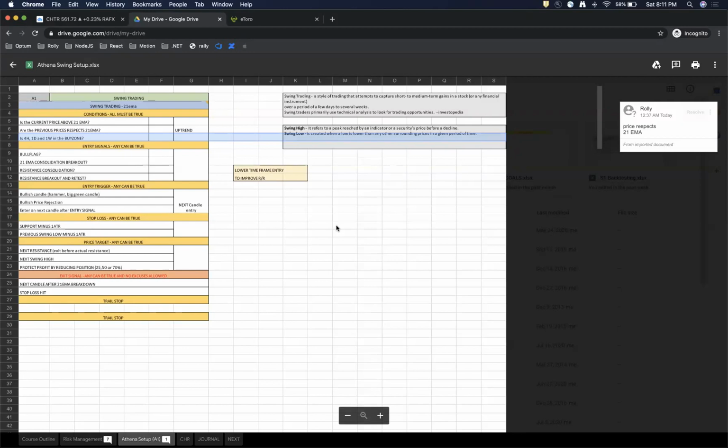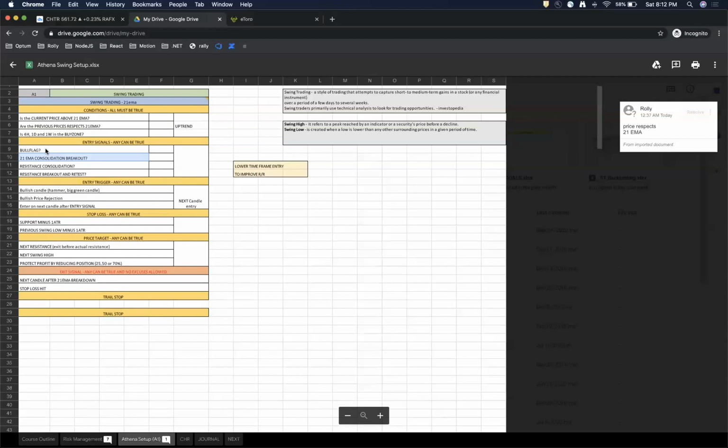So the next part is we are looking for the entry signals. Any can be true. So bull flag, okay, bull flag ba, 21 EMA consolidation ba? Nag-breakout ba doon sa 21 EMA consolidation? Resistance consolidation ba? O resistance breakout and retest ba?